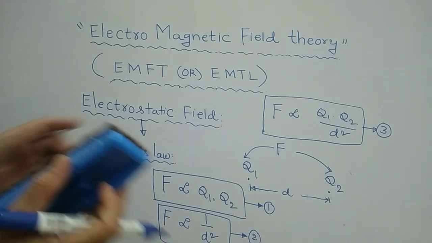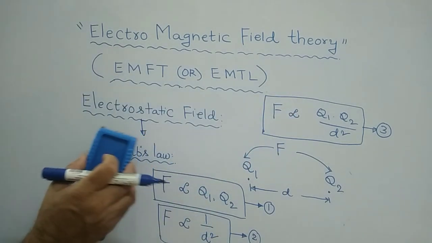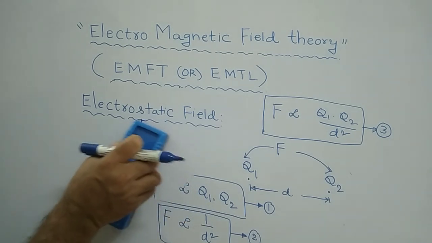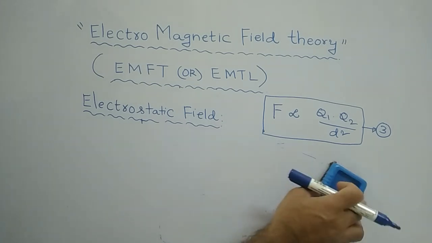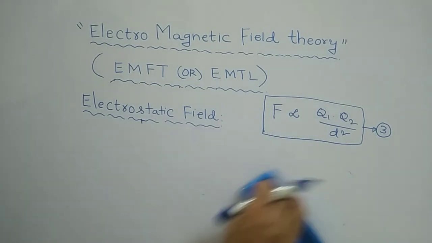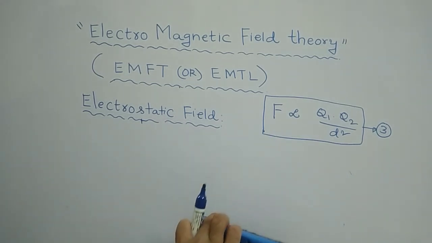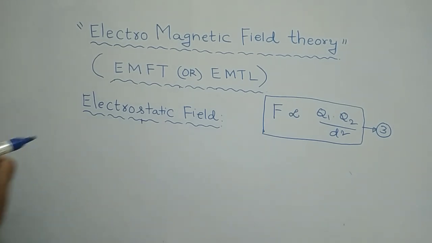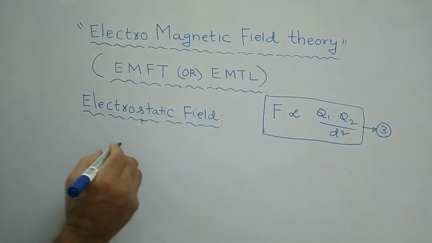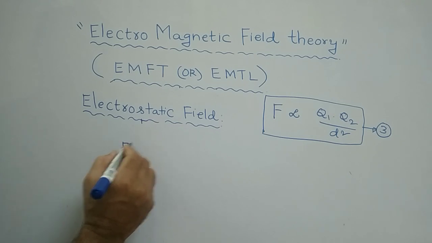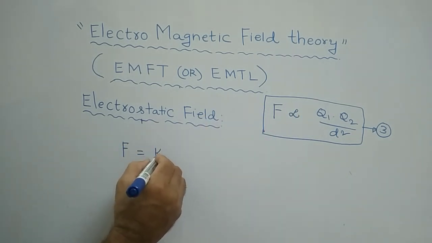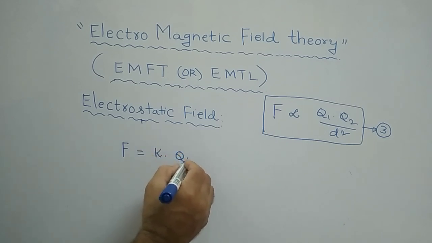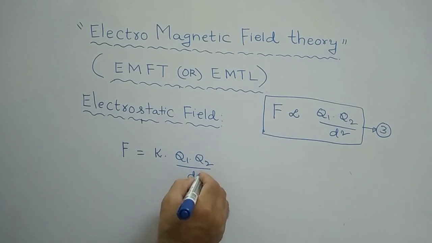Here you remove the proportionality sign and insert one constant, called the proportionality constant, let us say k. So F is equal to the constant k into Q1 into Q2 by d square.